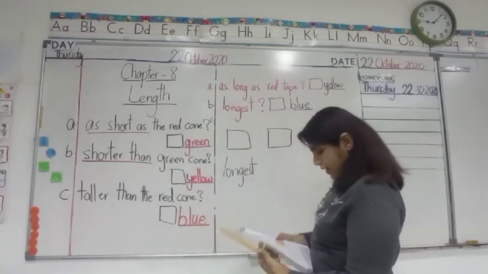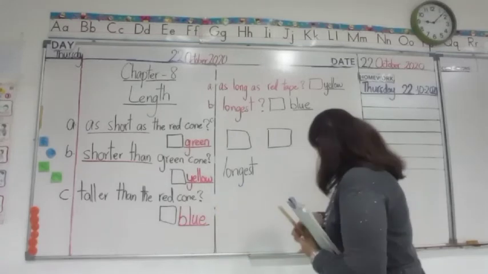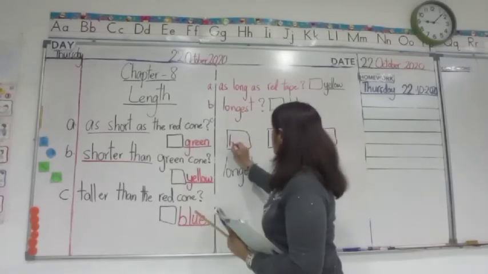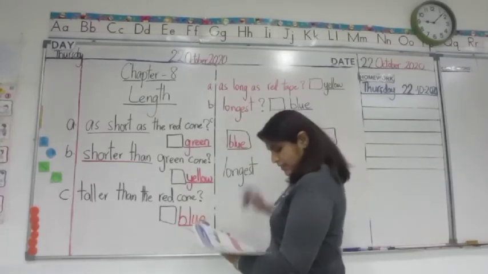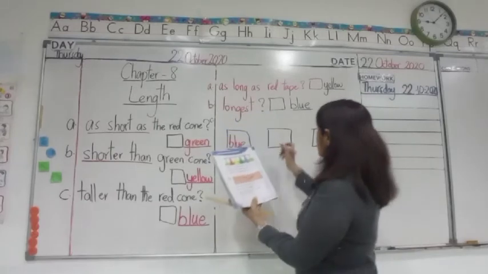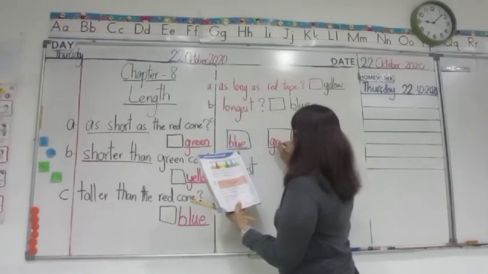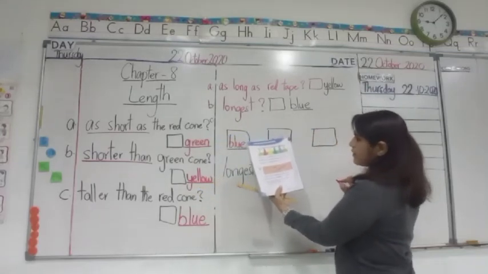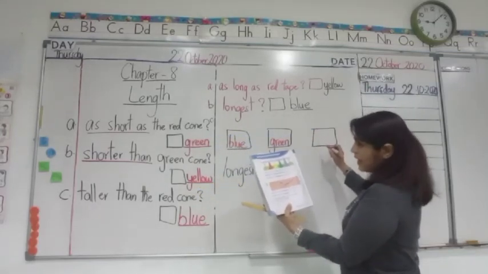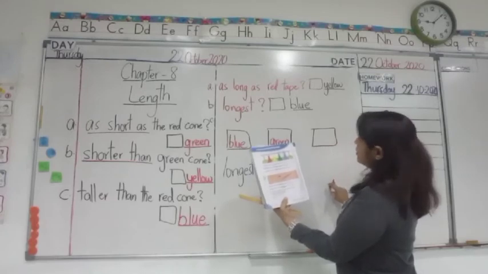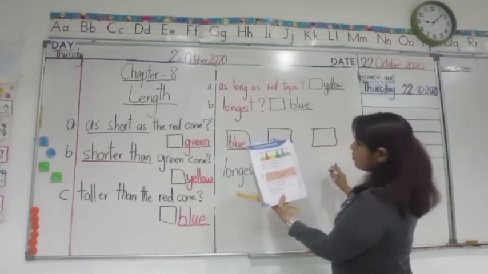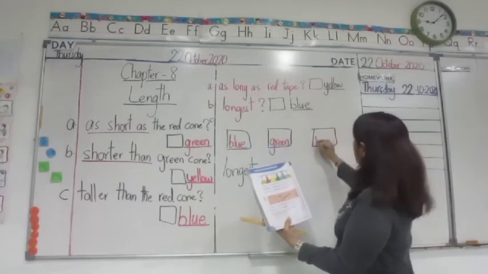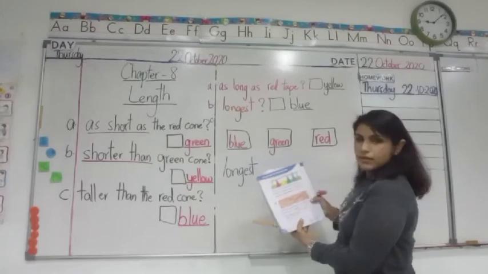As I told you, we sorted out blue is the longest, then followed by green, and then comes which one? Red or yellow, both are the same. So we have already used yellow here, so we write here red.